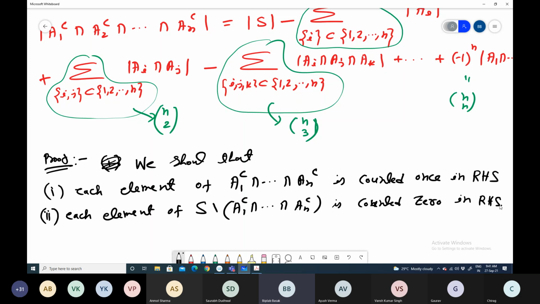So that means we are done, right? Since each element of this one is counted only once in the right hand side, and each element which is outside of this set is counted 0 times in the right hand side, therefore, since both sets are finite, the left hand side and the right hand side have the same number of elements, right?